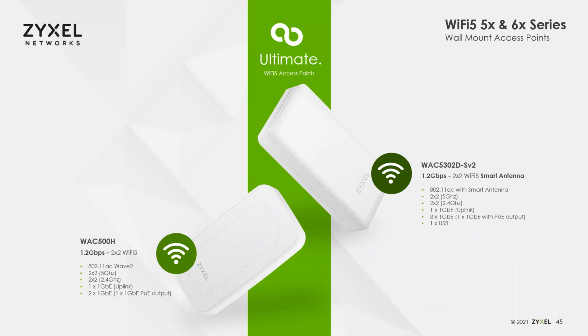So if you're doing hotel deployments, you install this in the room. You've got Ethernet out that you can run to, say, a set-top box to provide IPTV. You've got another port with PoE pass-through that can power up an IP phone or an ATA or something like that. The primary difference between these 2 models is the 5302 has more Ethernet ports than the WAC 500H, and the WAC 5302 has smart antenna built in, where the WAC 500H does not have smart antenna.